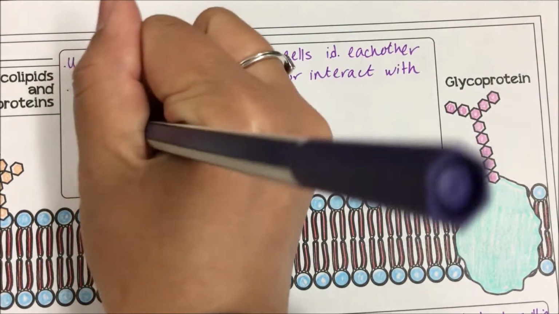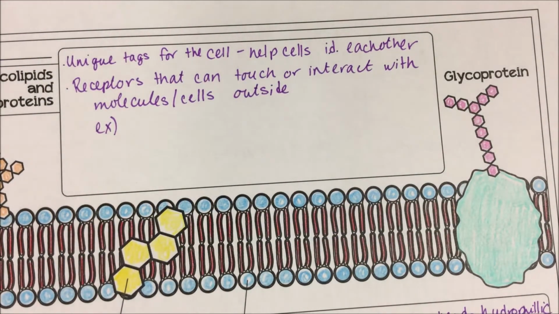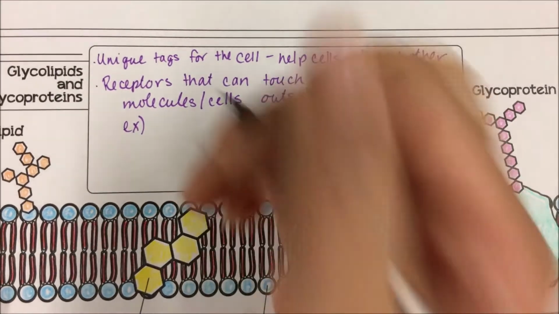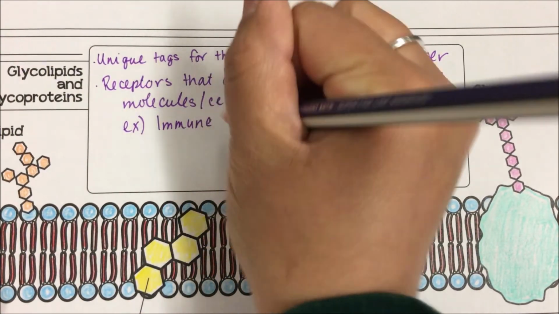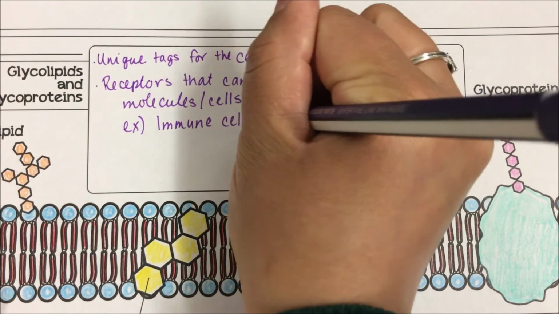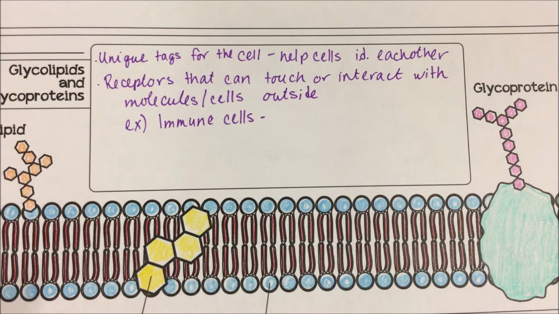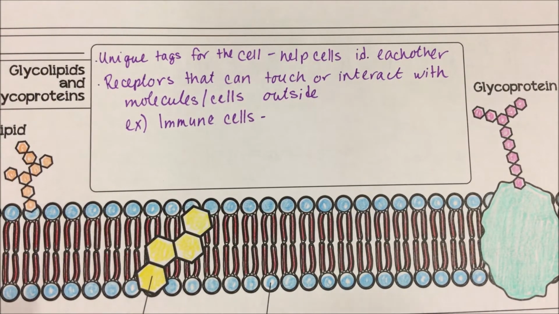So a very good example of this, okay, would be our immune cells. Okay. So our immune cells need to recognize our own cells.